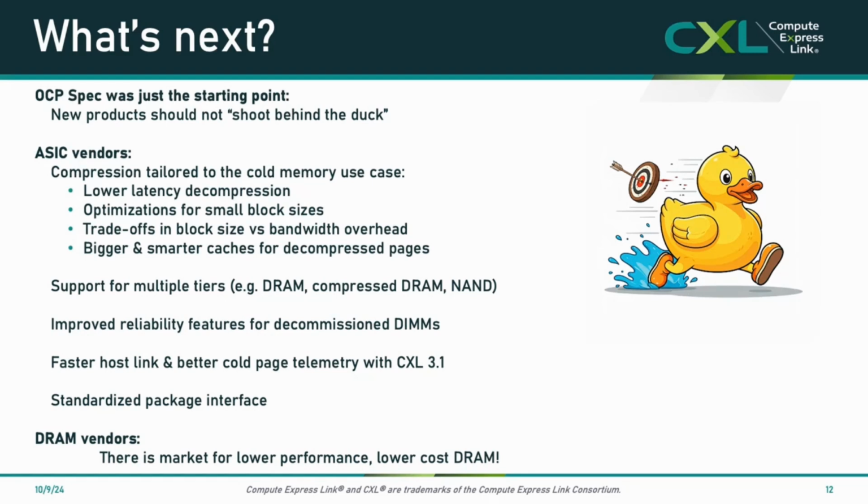Similarly, better caching and prefetching features can be enabled. Different regions of memory with different performance and cost trade-offs. Support for other media types and additional tiers of memory. Support for features like hot page detection and telemetry that reduce the software complexity.